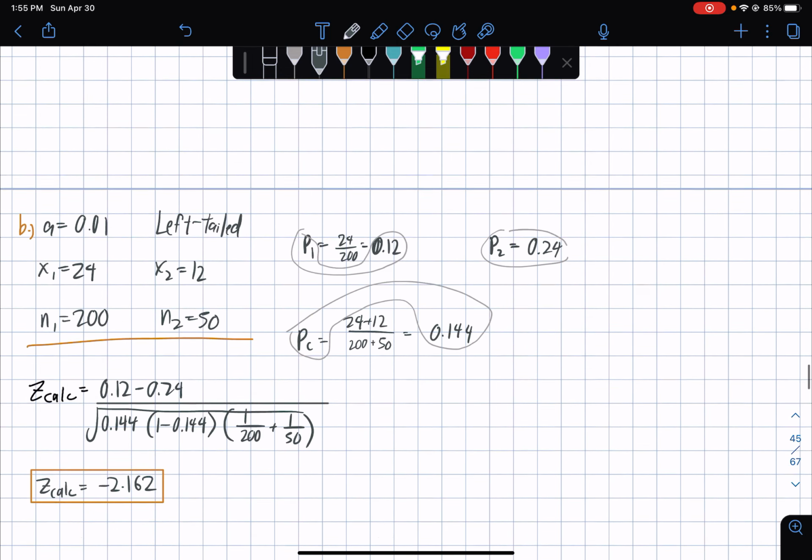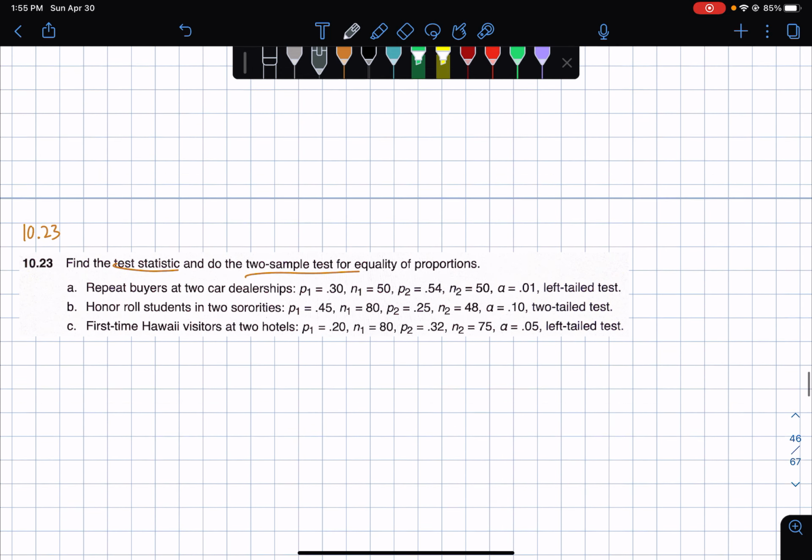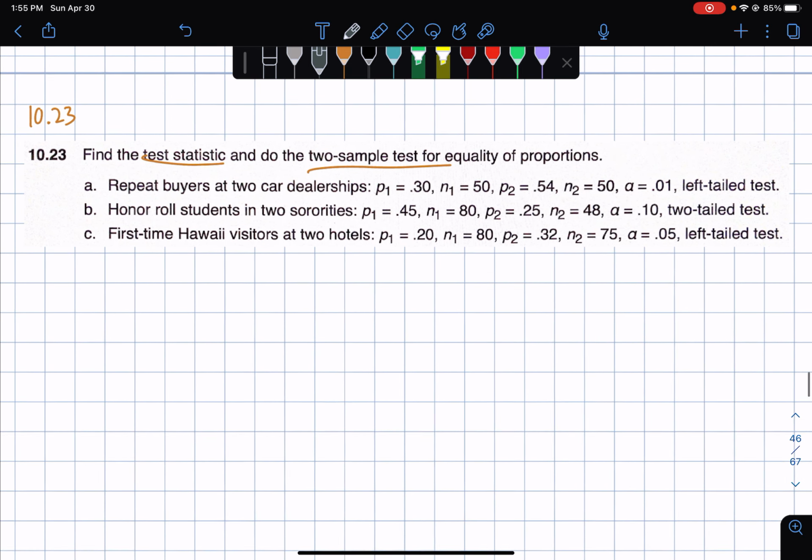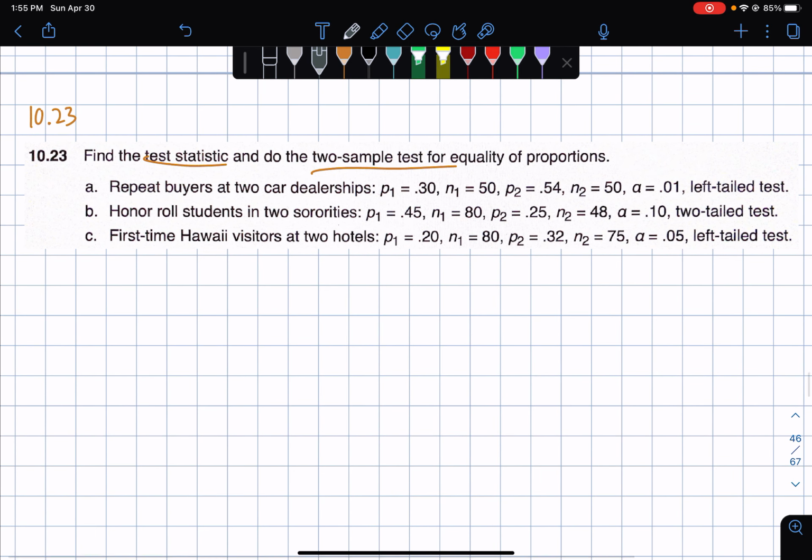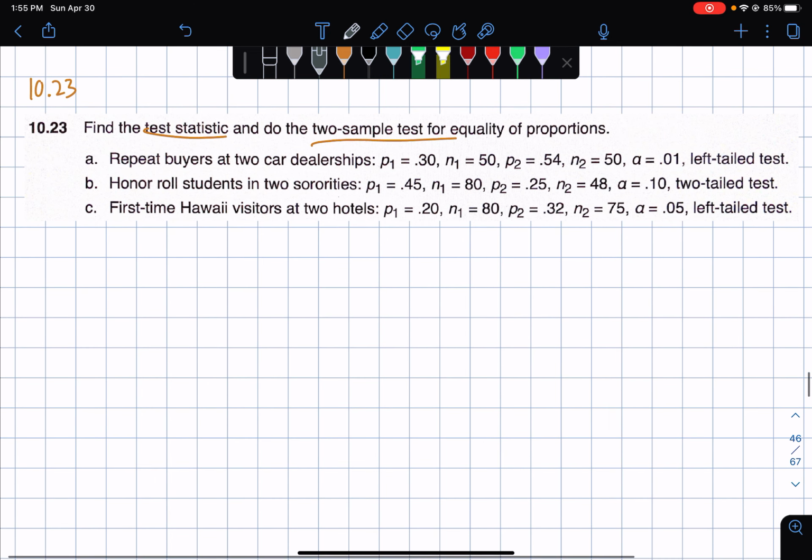We'll be doing that here. Two sample test. Okay, so this is where we actually start the actual computation. So, okay, we're already given the p variable.